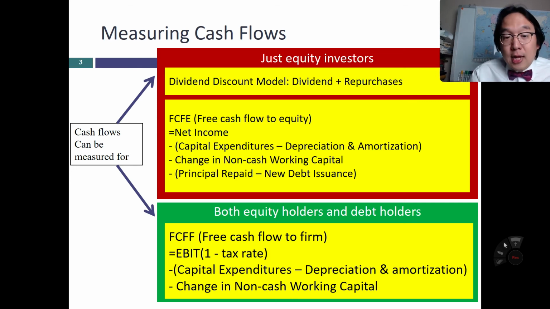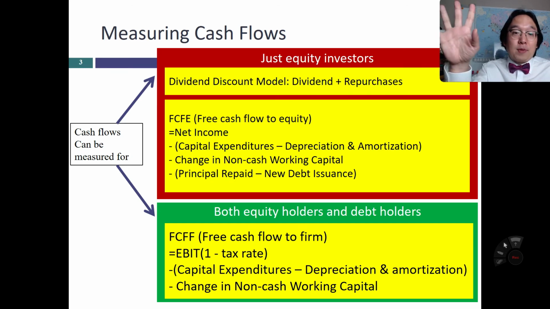So the next item that we're going to talk about next week, the free cash flow to the firm, starts from operating income. Why is that the case? Because in FCFE, we started with net income, where we already paid the interest expense to the debt holders. So debt holders, we said bye-bye.